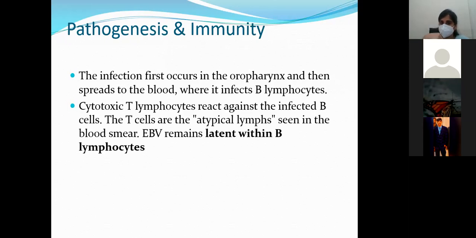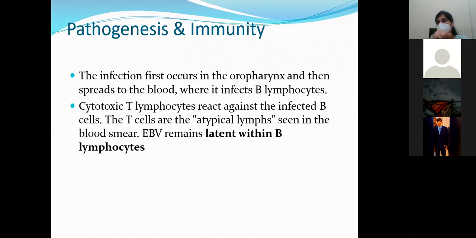Cytotoxic T lymphocytes react against the infected B cells. The T cells are the atypical lymphocytes seen in the blood smear, and Epstein-Barr virus remains latent within the B lymphocytes.